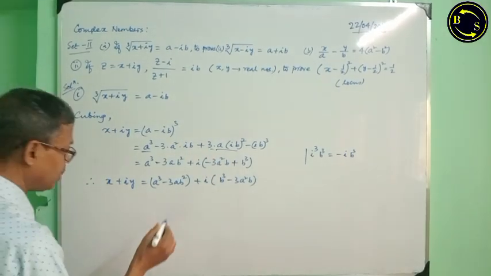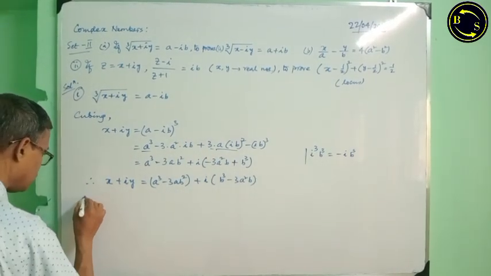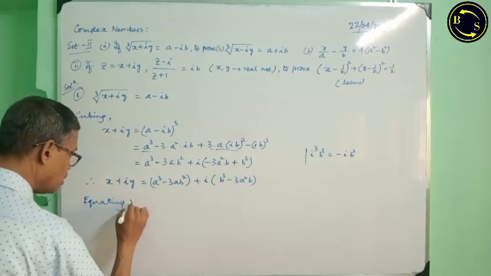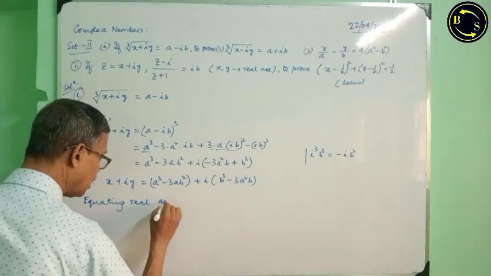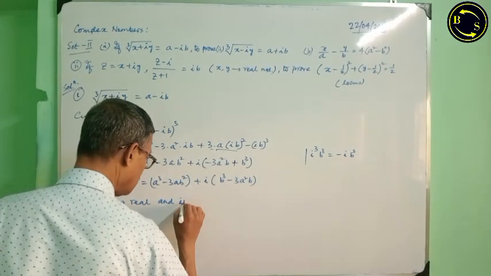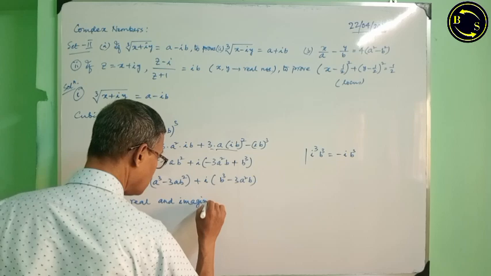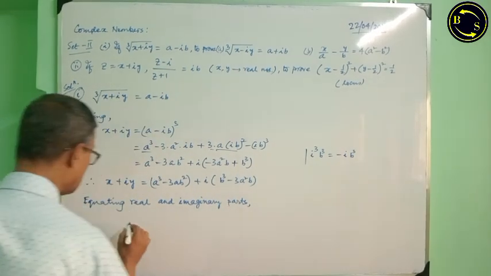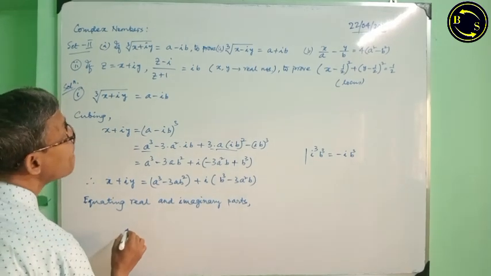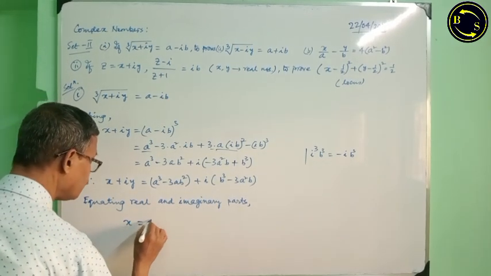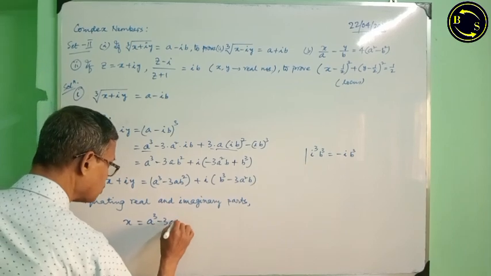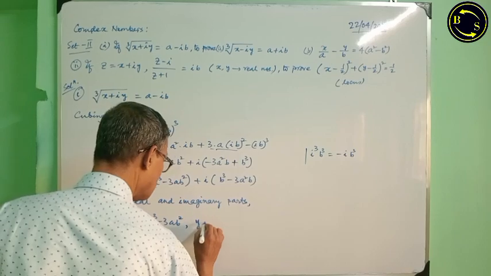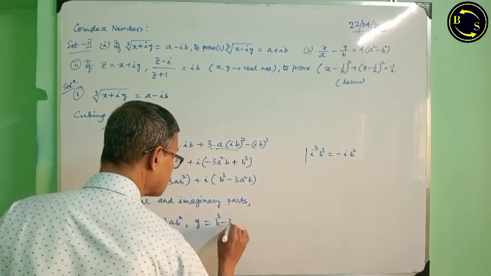We will write here, comparing or equating real and imaginary parts: x is equal to a cube minus 3ab square, y is equal to b cube minus 3a square b.